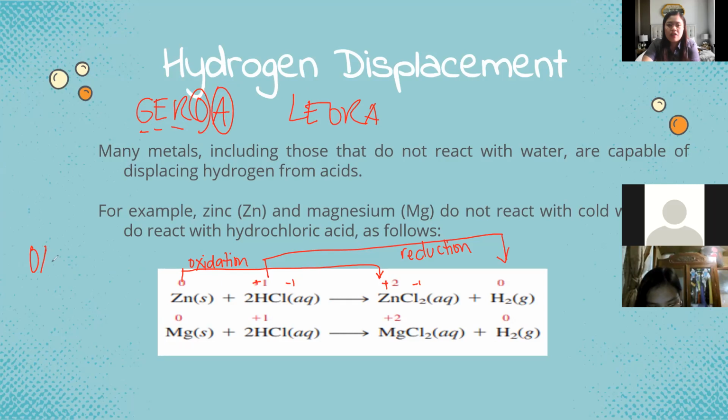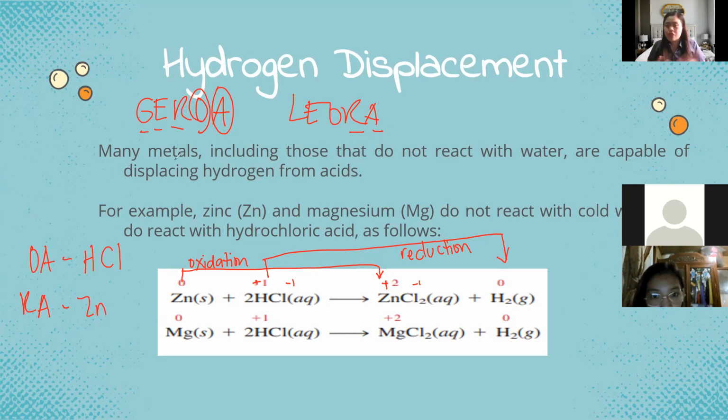Therefore, here the oxidizing agent is your hydrochloric acid, while the reducing agent is the one that is being oxidized. So it is here, for example number 1, it's zinc. Okay? I hope it is clear sa inyo now, and alam nyo na mag-determine ng na-oxidize, na-reduce, or ano yung oxidizing agent or reducing agent.